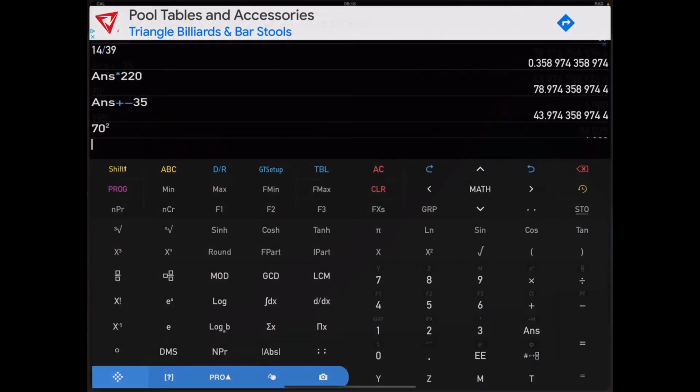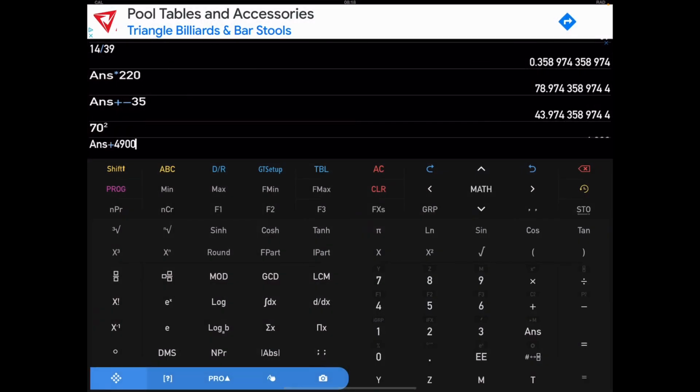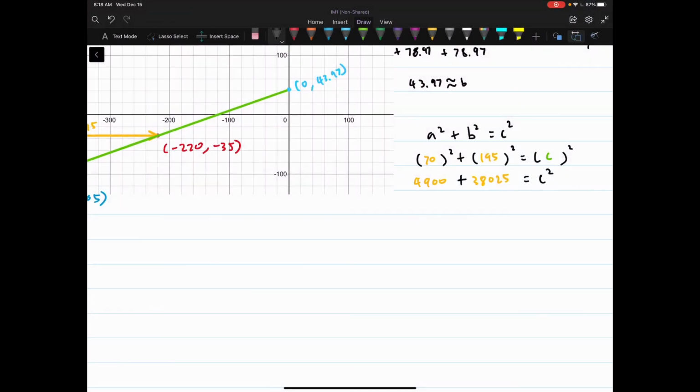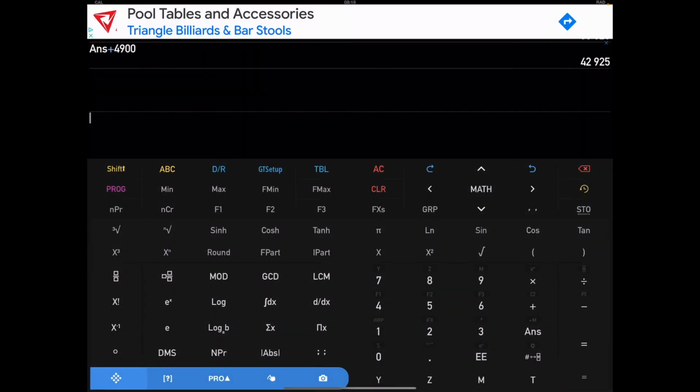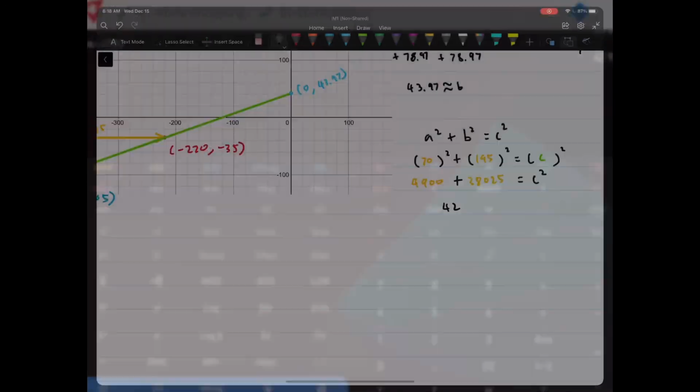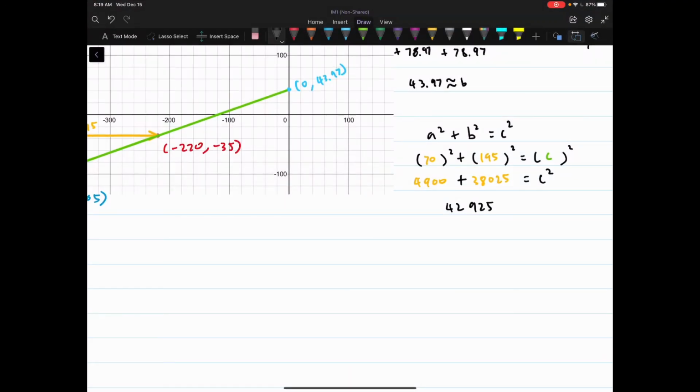So adding 4,900 gives us 42,925 is equal to c squared, and then we take the square root on both sides.